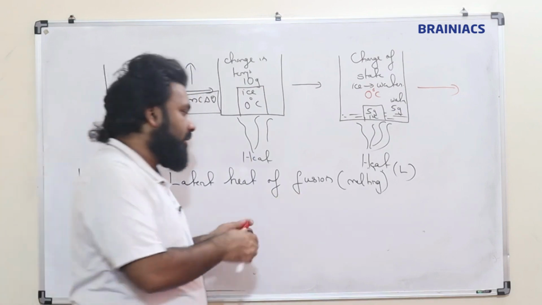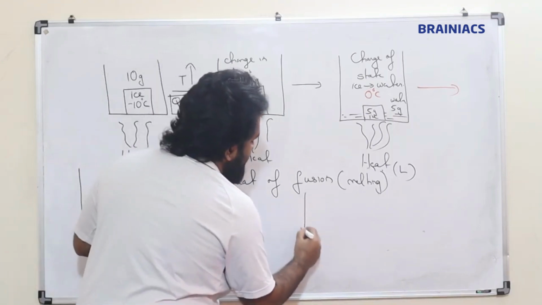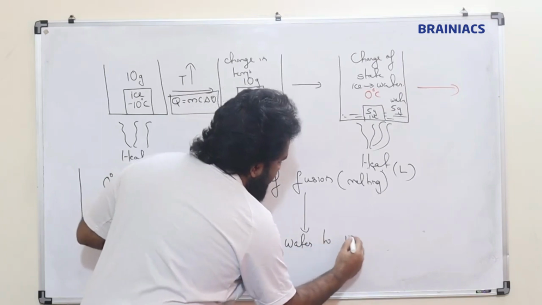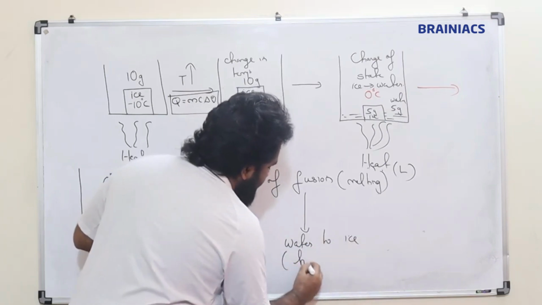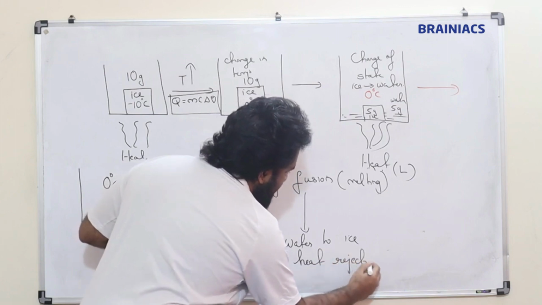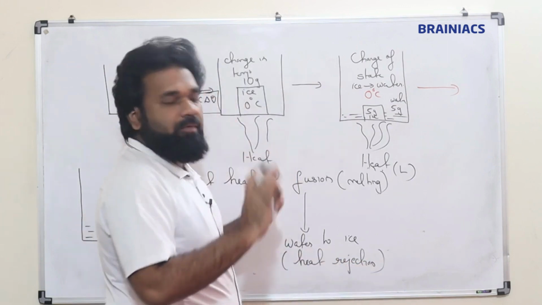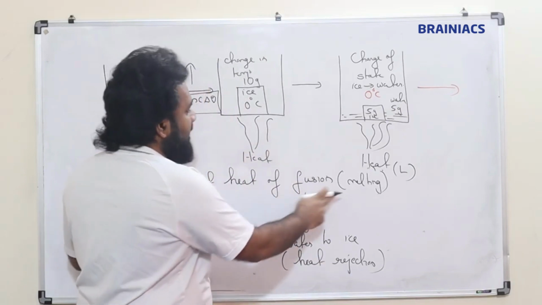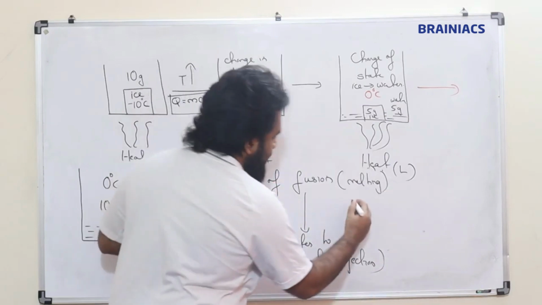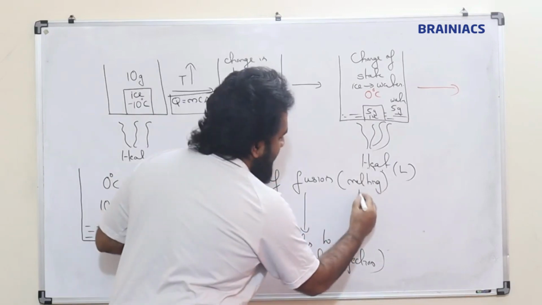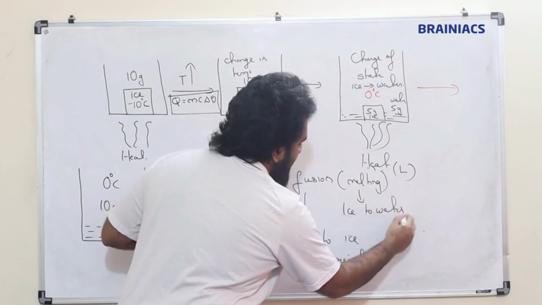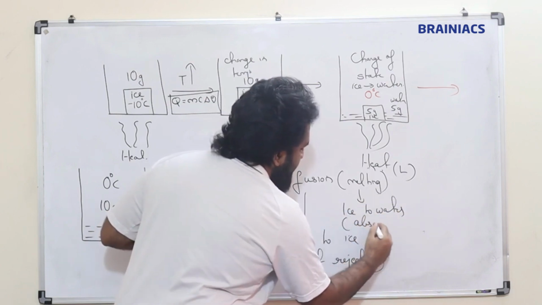Fusion is water to ice, so heat rejection, some heat should be delivered to outside. So latent heat of melting means, sorry, ice is converted into water. So this process is ice to water, it should absorb heat.